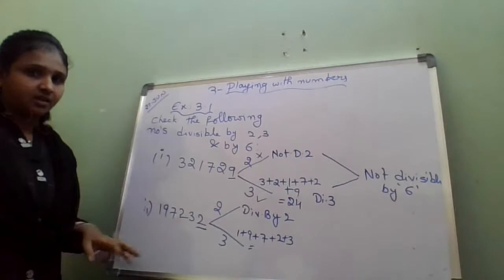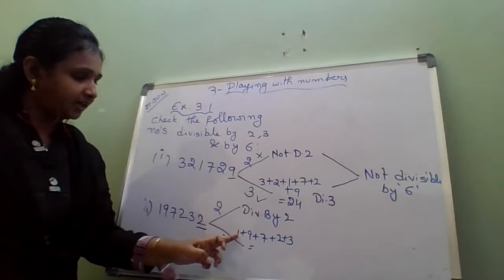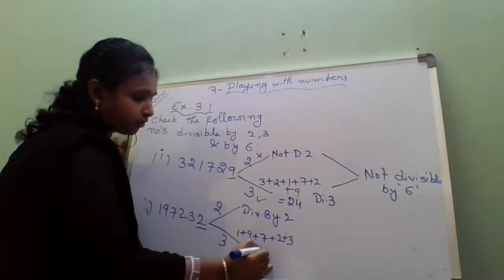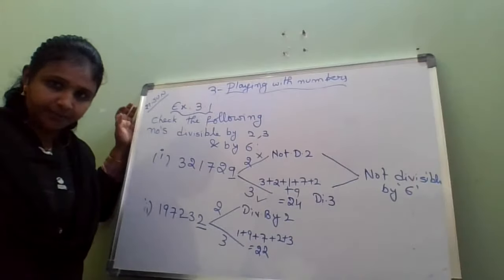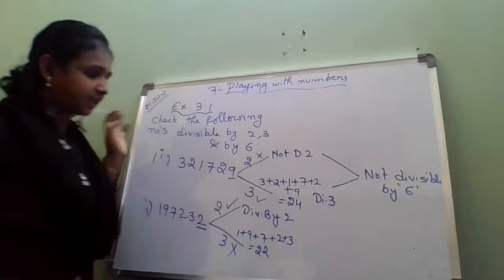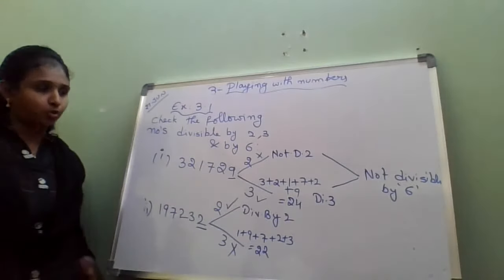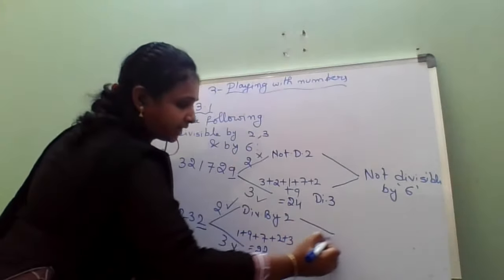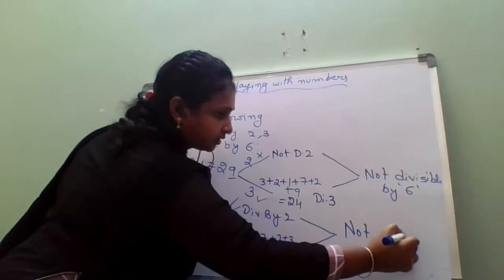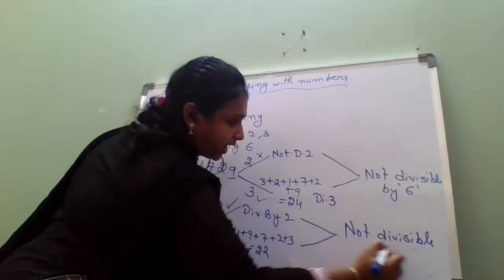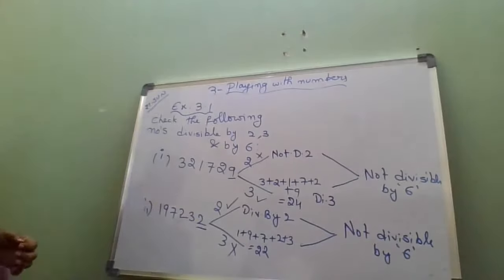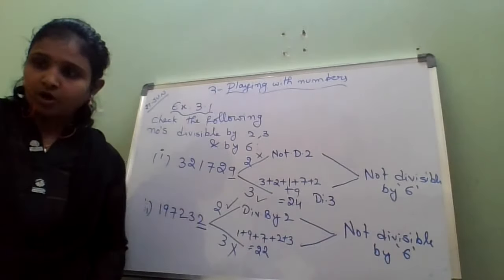You will get 9 plus 1, 10, 17, 20, 22. So 22 is not divisible by 3. This number is divisible by 2 but not by 3, so this number is obviously not divisible by 6.